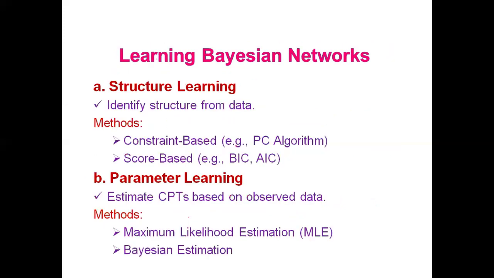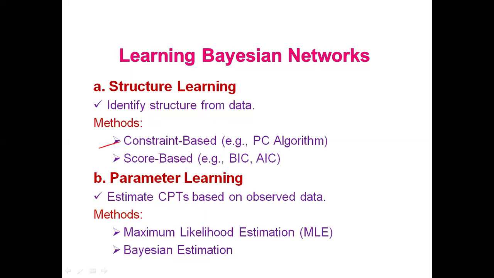And how are you going to learn the Bayesian networks? Learning the Bayesian network: structure learning. Structure learning involves identifying the graphical structure of a Bayesian network from data. The goal is to find the optimal structure that best represents the relationships between variables. Next, constraint based methods.